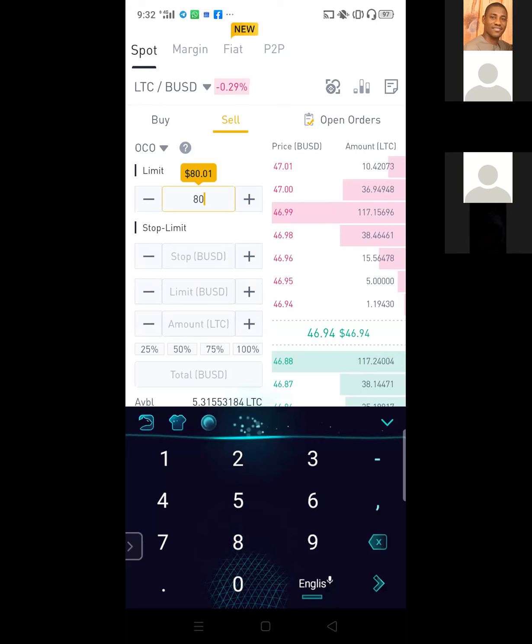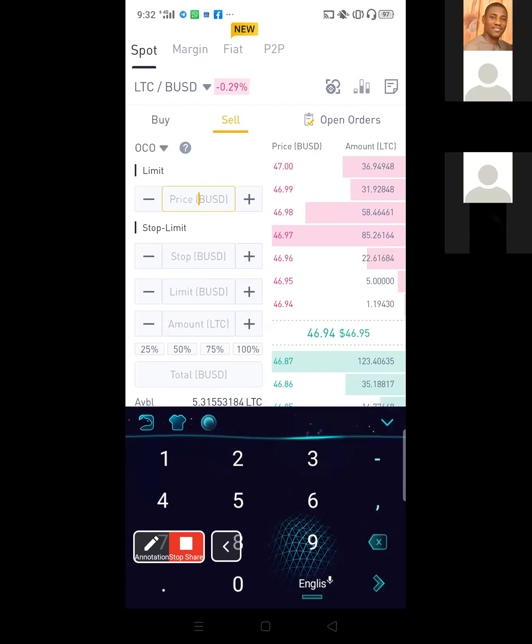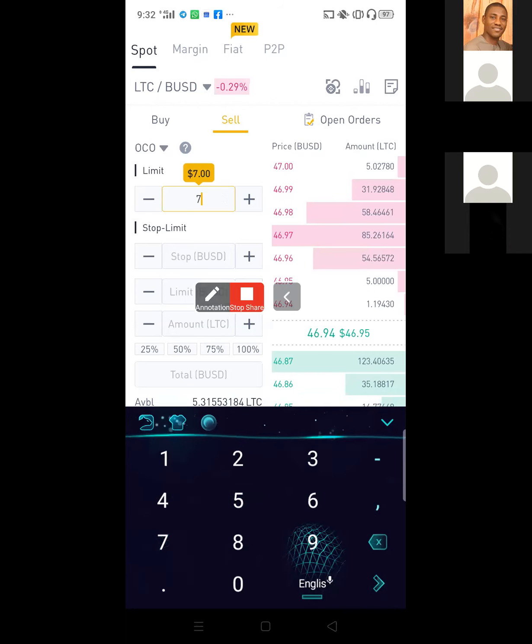Usually we recommend you don't just type $80, type maybe 80.25, or 80.01, or better still, we can just make it 79.99. So when the price gets to 79.99, take me out. That's taking your profit.